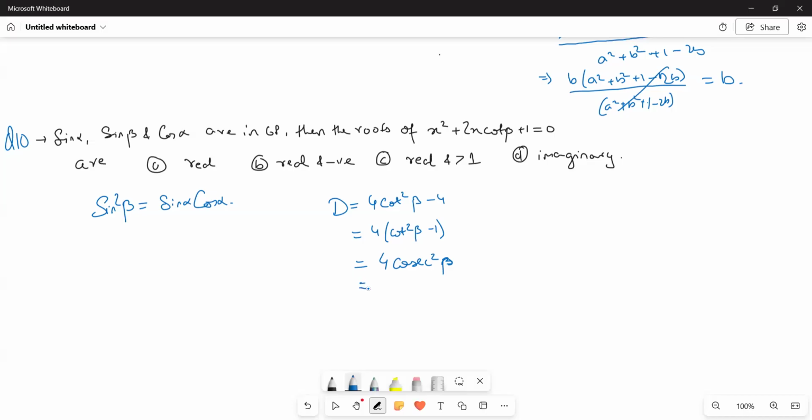And cosec square beta is 1 by sin alpha cos alpha, which is 2 by sin 2 alpha. So 2 cosec 2 alpha. In any case, this is 4 cosec square beta, and cosec square will anyways be greater than 0. So the roots would be real.